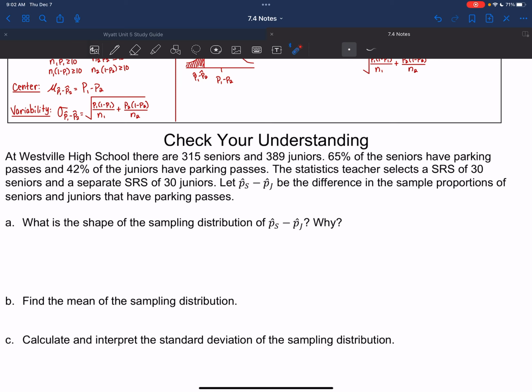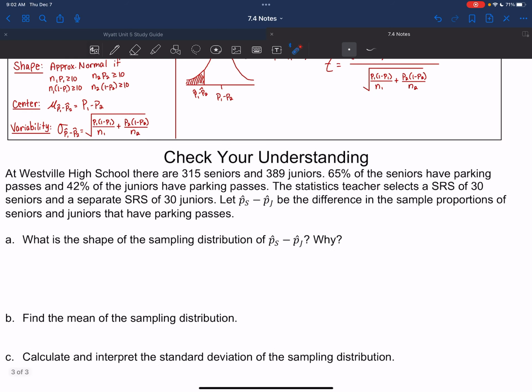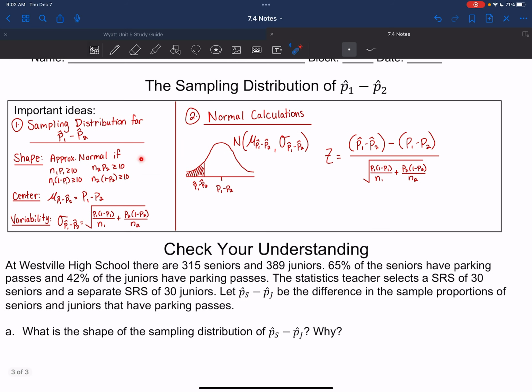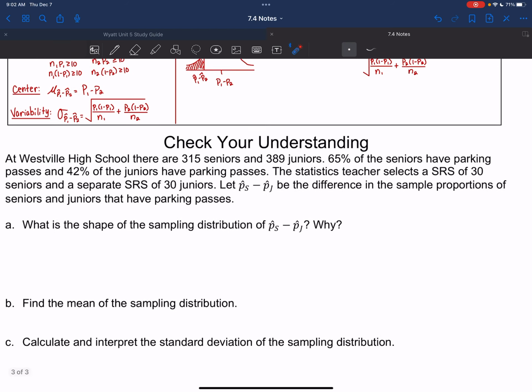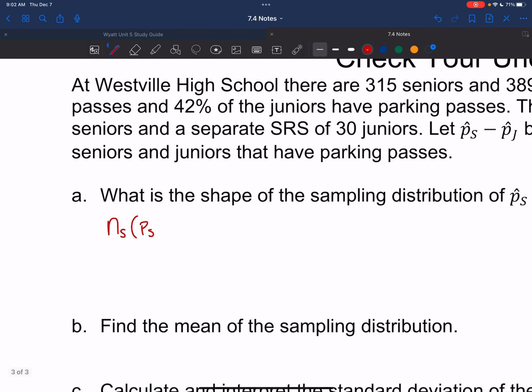So if we are trying to find the shape of it, remember, we're just trying to prove that it's approximately normal. So we have to do the large counts rule for both samples, okay? So I have to show that n sub s times p sub s is greater than or equal to 10.